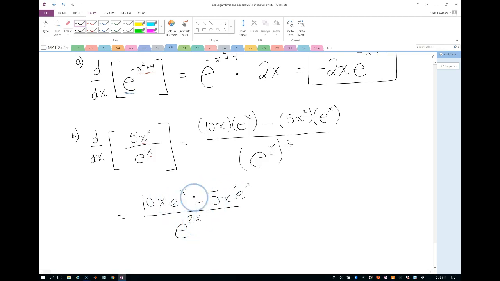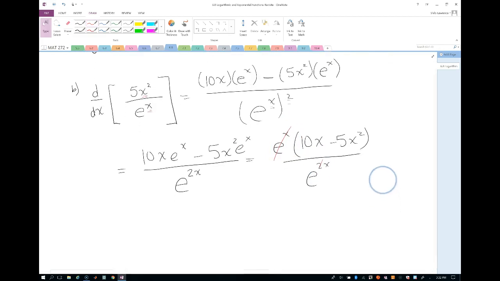Now, every single term in this expression has an e to the x, so we can factor the e to the x out of the numerator and cancel it with one of the e to the x's in the denominator. So I'm going to take one away here. If I take one away here, there's technically 2, and that will leave me with just 1. So for our final, most simplified answer, we get 10x minus 5x squared all over e to the x.